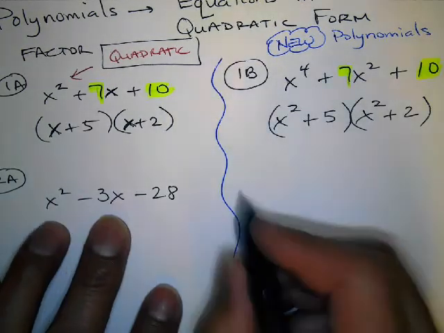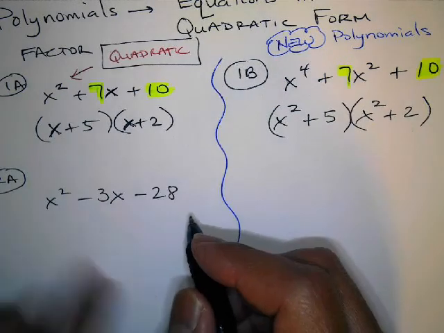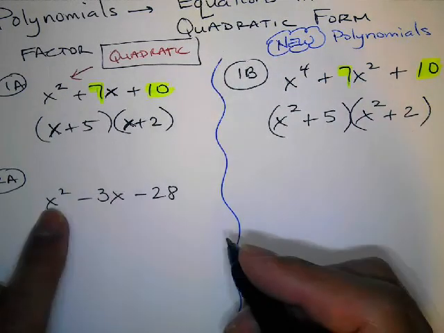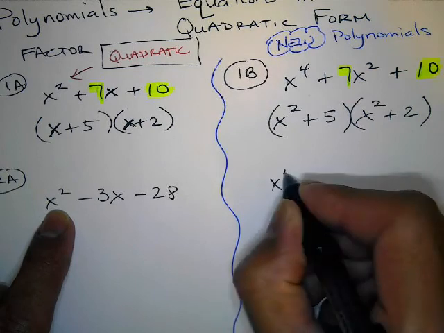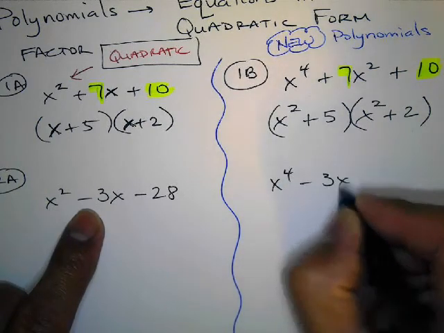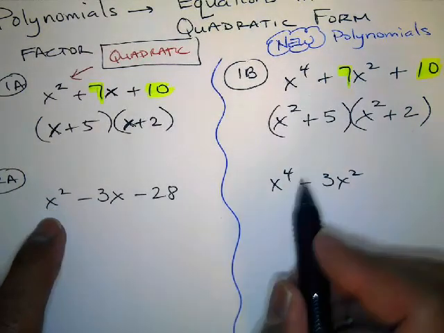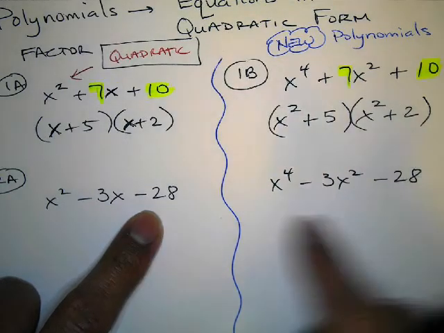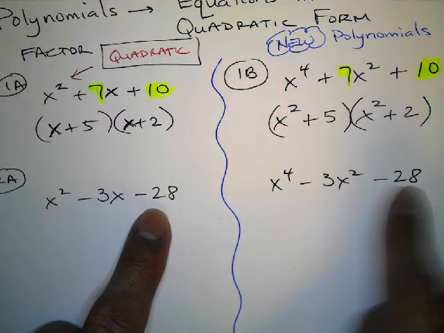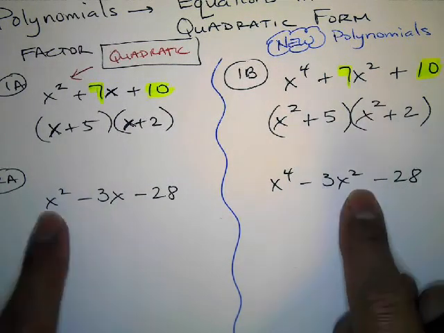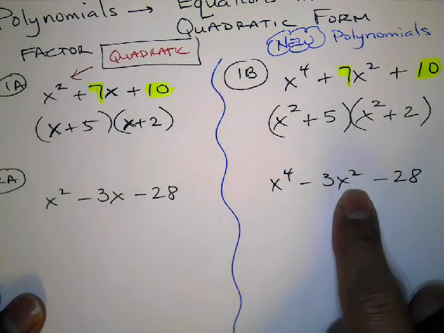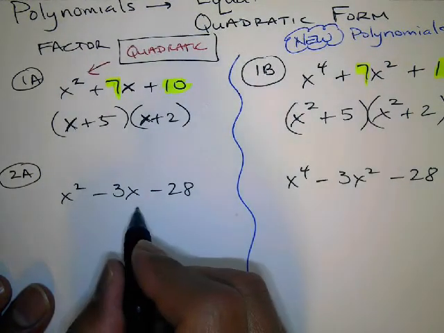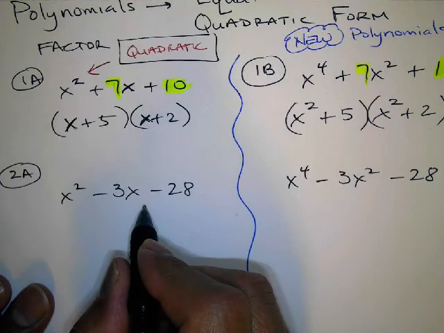How would you factor this? Over here, it'll be the same. It'll just be, this will go from 2 to 4, and this will go from 1 to 2. This will be squared. So it'll be x to the 4 minus 3x squared. See, it kind of goes in evens. Minus 28. You guys see how the negative 28 is still the negative 28, and the negative 3 is negative 3? Okay, so how would I do this one? We'll get to this one here.